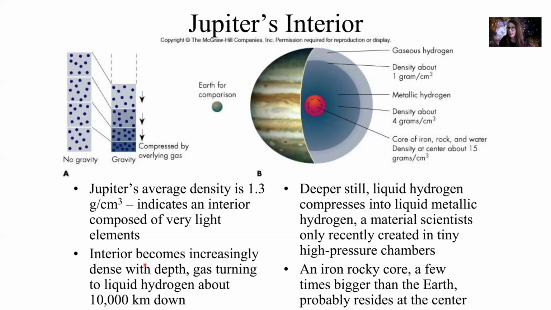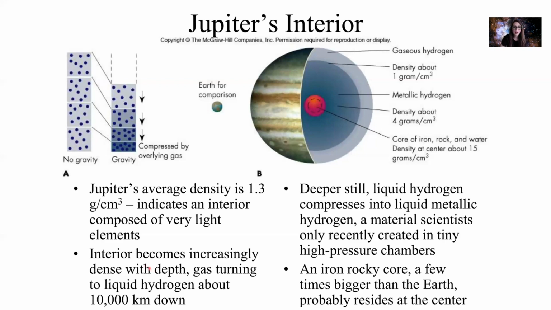Jupiter's average density is about 1.3 grams per cubic centimeter. That's much, much less than our Earth's average density. This indicates that the interior of Jupiter is composed of very light elements, mostly gases.